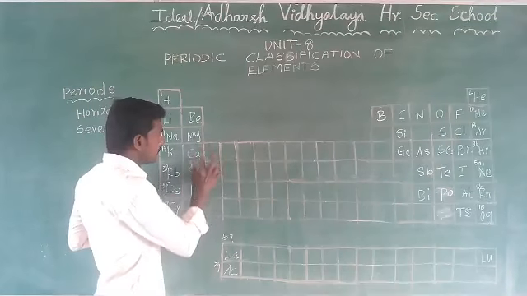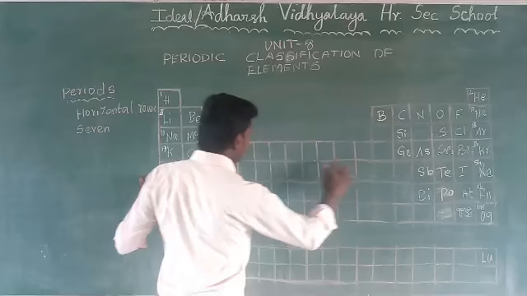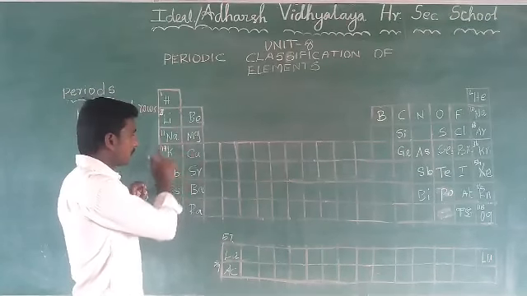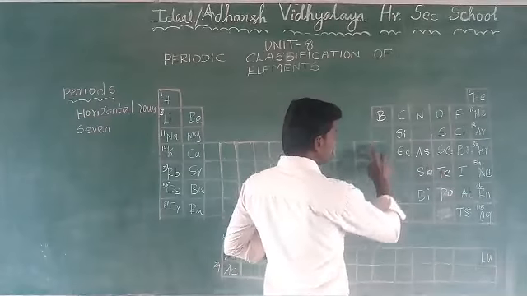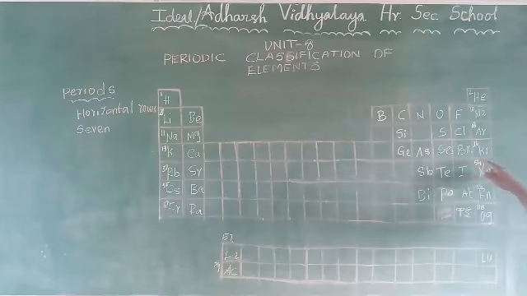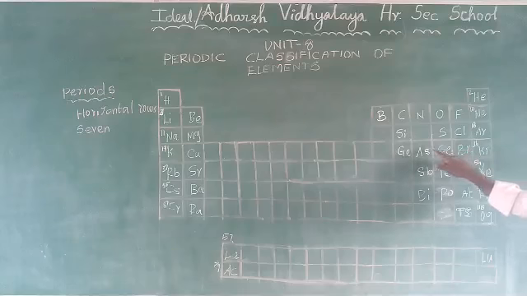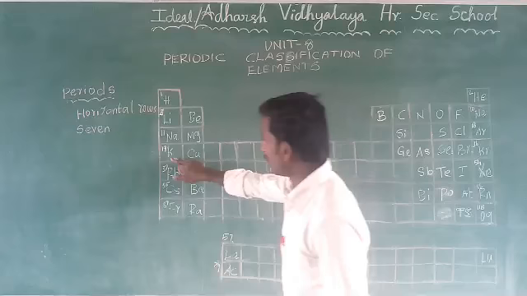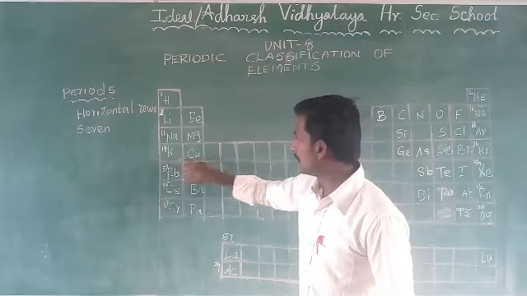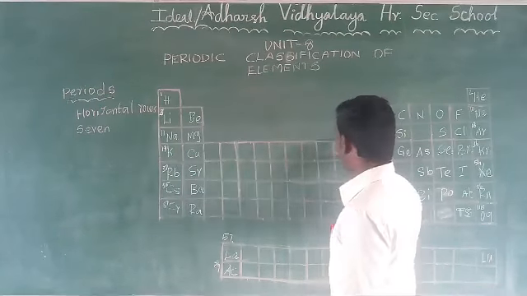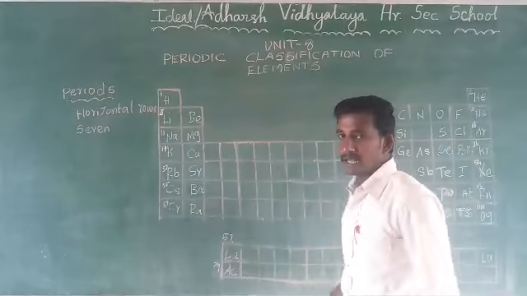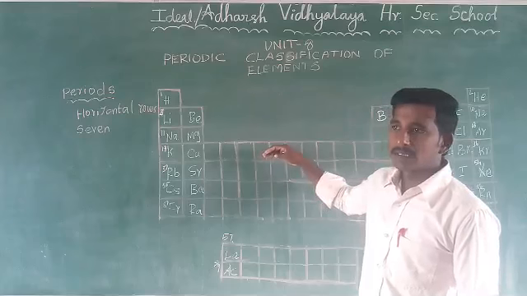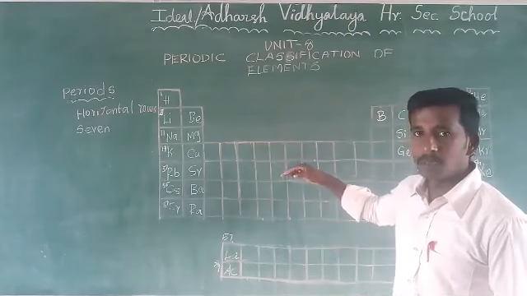Here, this is the transition elements. Here are the normal elements: here 2 normal elements, here 6 normal elements, 1, 2, 3, 4, 5, 6. So totally 8 normal elements and 10 transition elements. This is the long period.